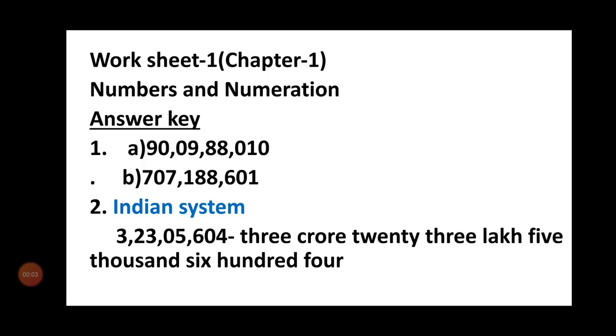Number 1, A, 90 crore 9,88,010. B, 707,188,601. Number 2, Indian system, 3 crore 23,05,604. Take a snap and check your answer with your answer sheet.